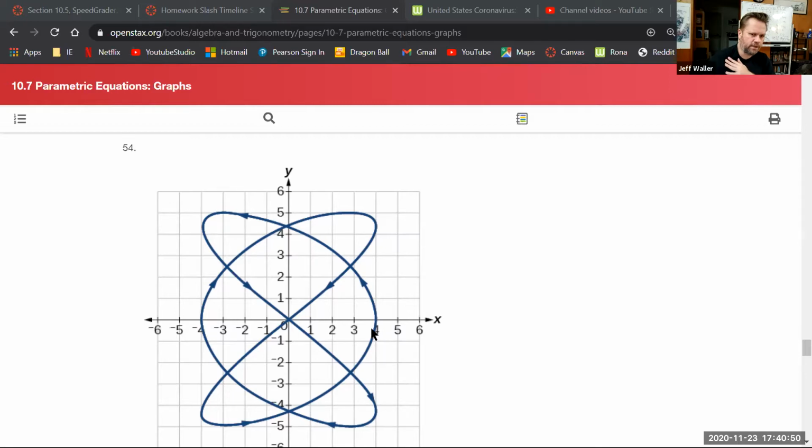So as it goes through its cycle, it attains the maximum once, and then the minimum, and then the maximum, and then the minimum, and then the maximum, and then the minimum, and then it starts over, right? So you can see per cycle, per time period, how many times did it go through a complete cycle?